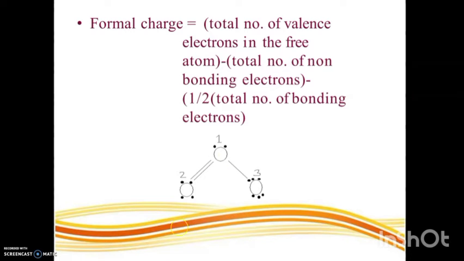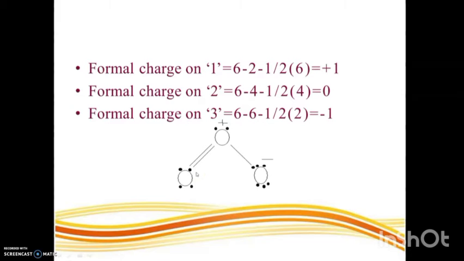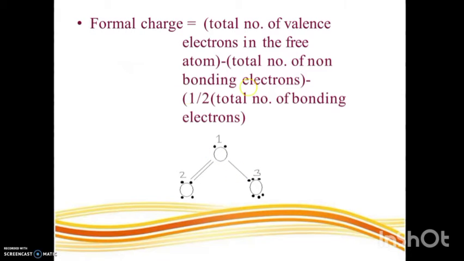Then we'll move to the second oxygen. It has 6 valence electrons. So 6 minus the number of bonding electrons. It has 4 bonding electrons. You can see a double bond between these two oxygens, and each bond represents 2 electrons, so 2 plus 2 is 4.